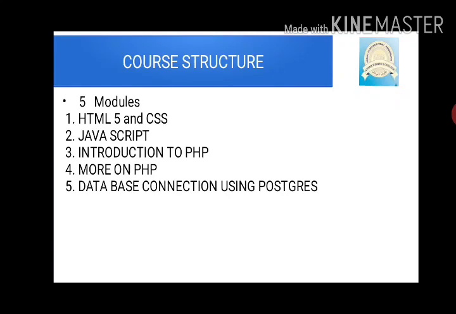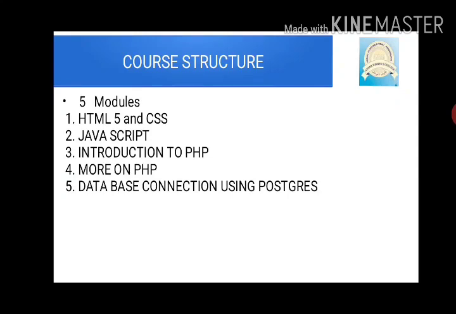The first module comprises HTML5 and CSS. Here HTML5 is familiar to you because you studied it well in your first semester core paper, Computer Fundamentals and HTML. The second module discusses a scripting language used in web development, which is JavaScript.